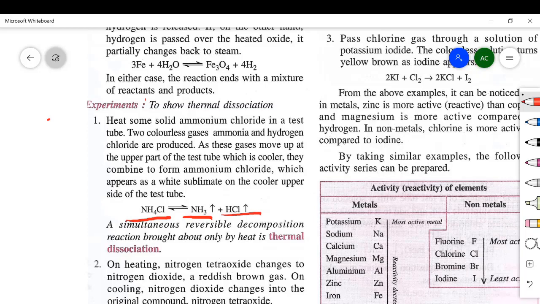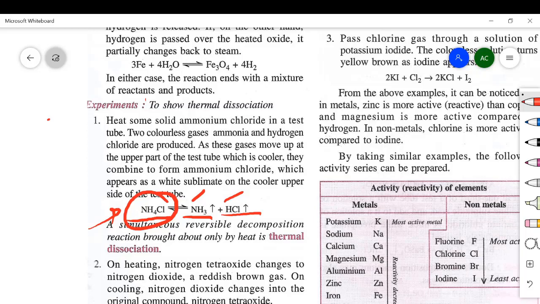Okay, but when these gases move up into the upper, cooler part of the test tube, they will combine again to form ammonium chloride. Got it? So when heated, it rises up in the test tube. It changes into two gases, that is ammonia and hydrogen chloride, and later on in the cooler part they will combine back to form ammonium chloride.